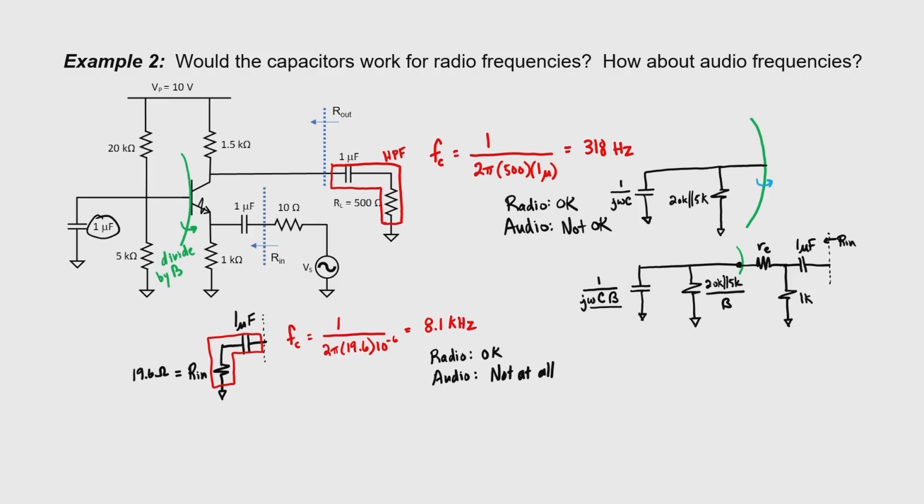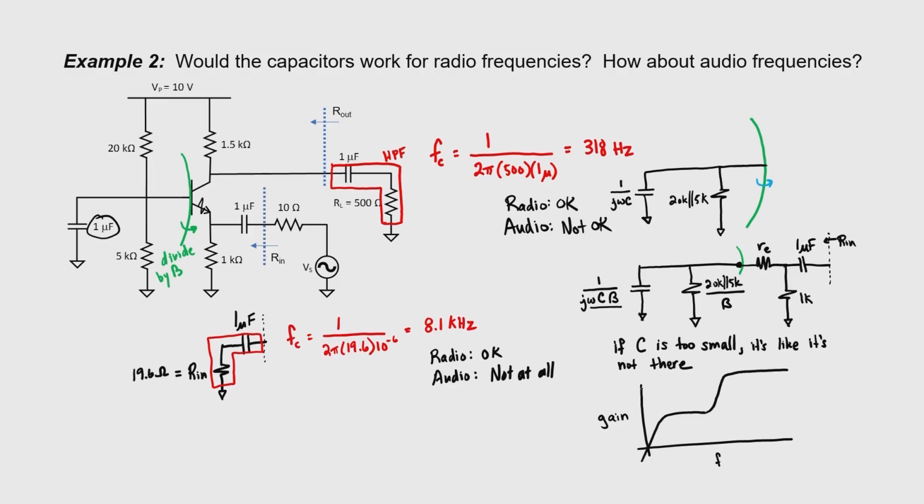But you see, problems can occur if the capacitor attached to the base is too small. If I make a plot of my gain versus my operating frequency and the base capacitor is too small, then I'll get a curve that looks something like this. This high-pass filter that has a very low corner frequency is due to the emitter capacitor.